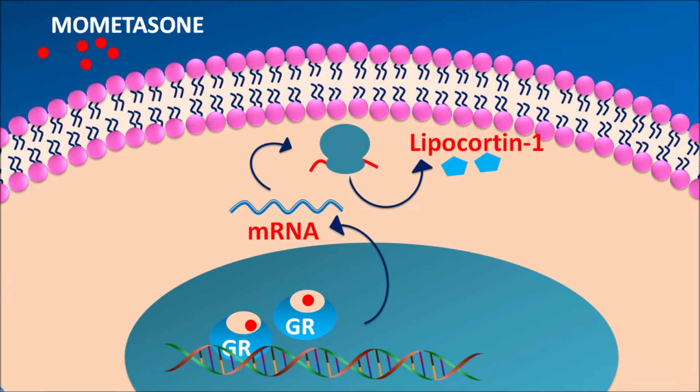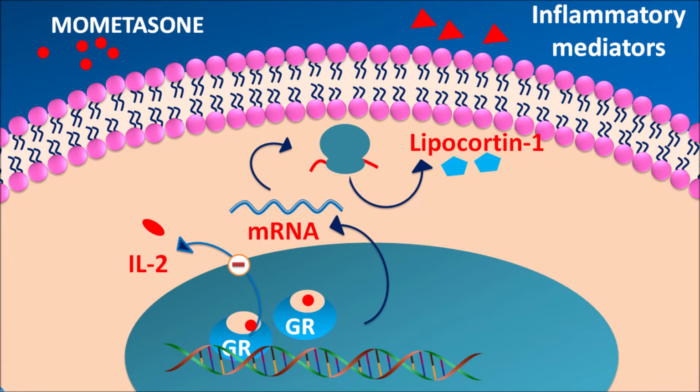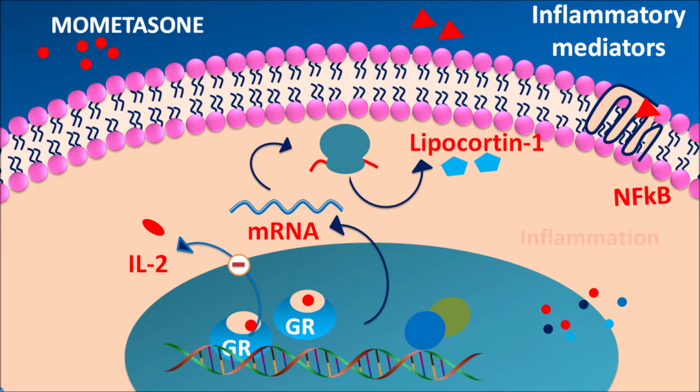Similarly, this gene transcription can also inhibit the release of IL-2, interleukin-2, which promotes the inflammatory response. And finally, mometasone can also inhibit the response of inflammatory mediators so that they can stimulate NF-κB, nuclear factor kappa B. This NF-κB can interact with the DNA to produce gene transcription, which results in the release of inflammatory mediators. So this produces inflammation within the cell, which is again controlled by mometasone.